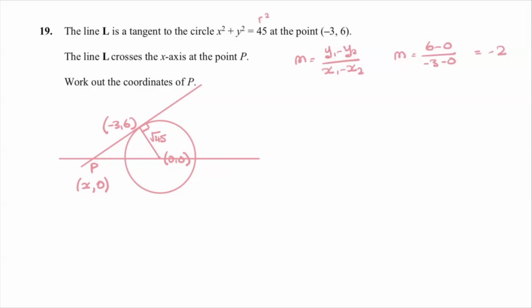Remember, our goal is to get an equation for this line, not really the equation of this line, but having that gradient means that I can use my knowledge about perpendicular gradients. So the perpendicular gradient is opposite sign and the reciprocal. So it would be a half.